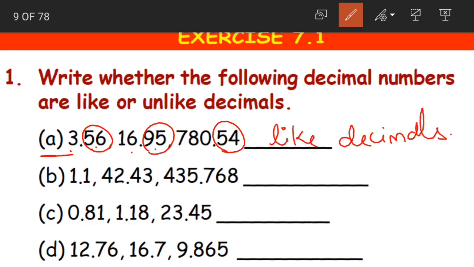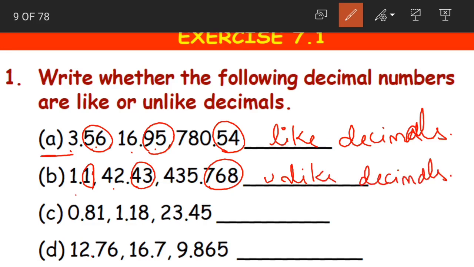Now next, question B. 1.1, 42.43, 435.768. See, here we are having one decimal place, here 2 and here 3. The number of decimal places are different, so these will be our unlike decimals.